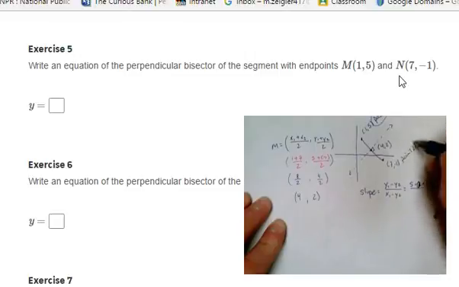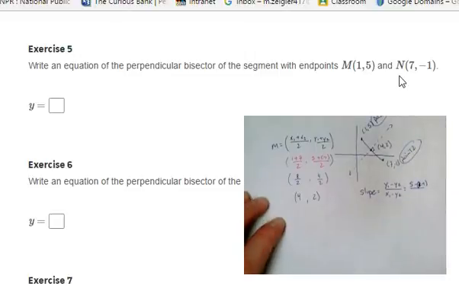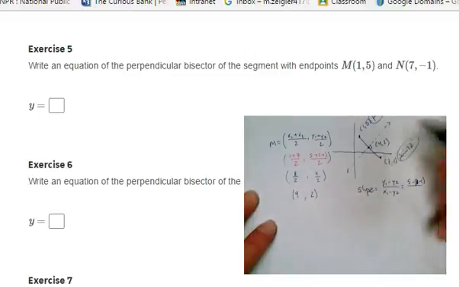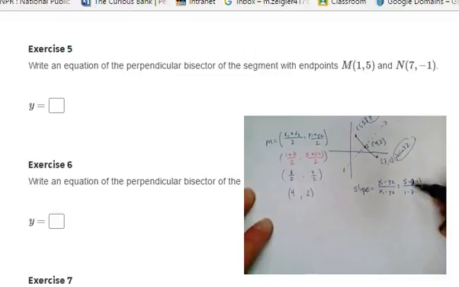Then our x's are 1 minus 7. As far as slope, 5 minus negative 1 is the same as 5 plus 1, that's 6. And 1 minus 7 is negative 6. So our slope, 6 divided by negative 6, is negative 1.